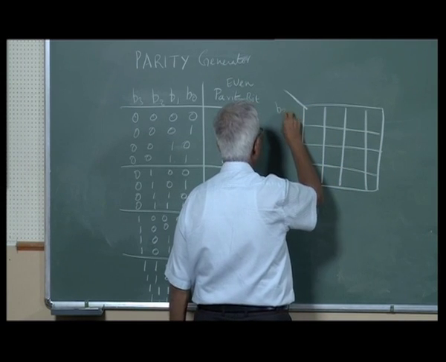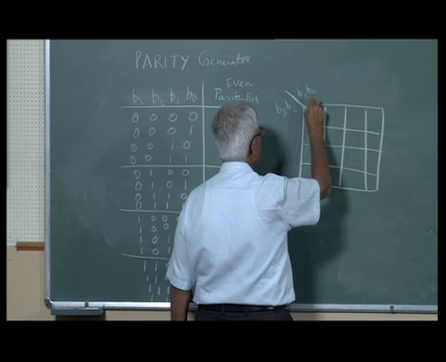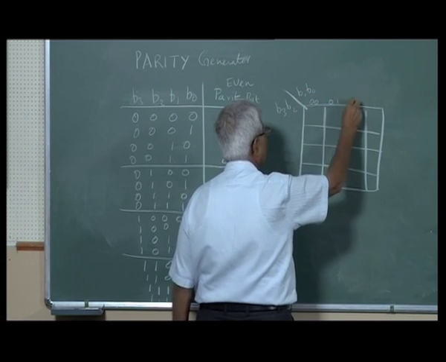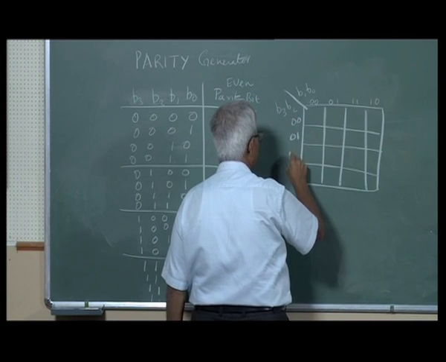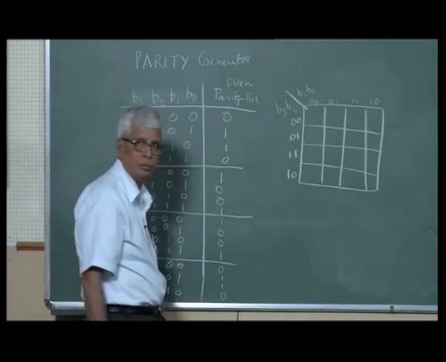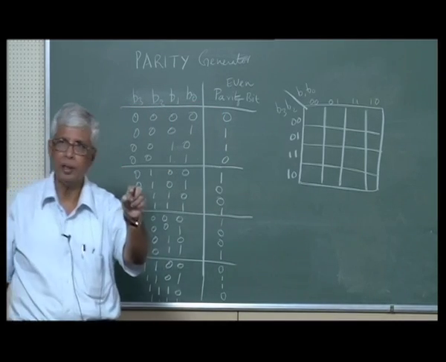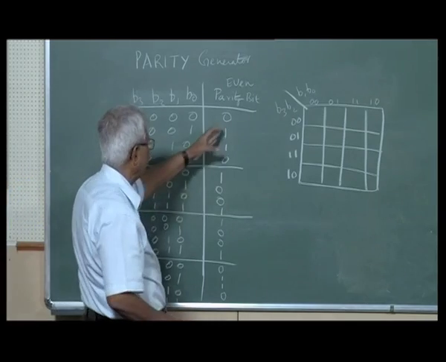B3, B2, B1, B0. You translate this into the map.